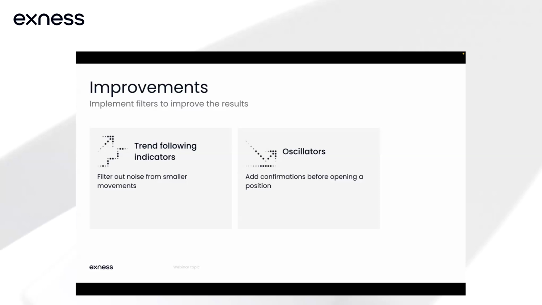For example, if you see a Heikin bullish trend, but RSI is showing divergence, that's a red flag. It tells you the trend may be weakening. Second, use trend following indicators like moving averages or Supertrend. These help you stay in the trade much longer and avoid premature exits.